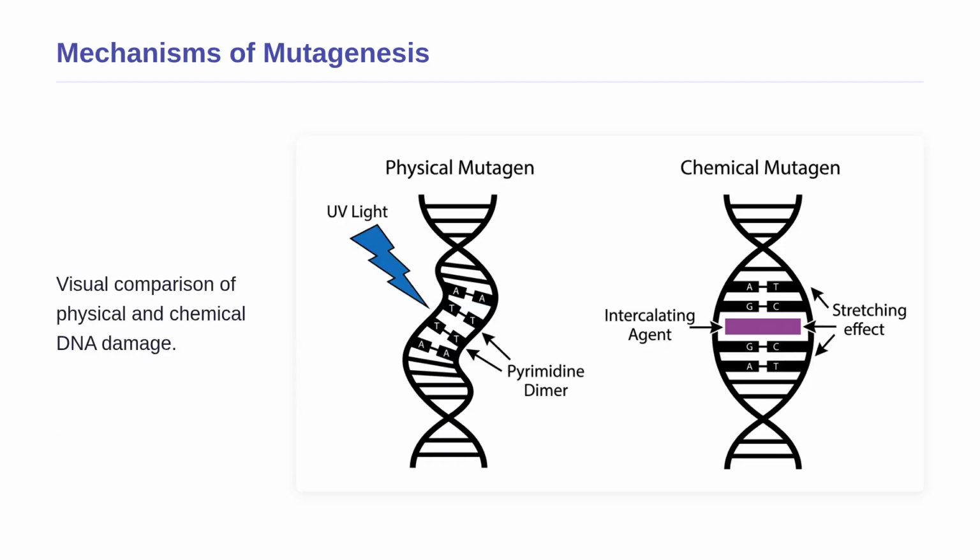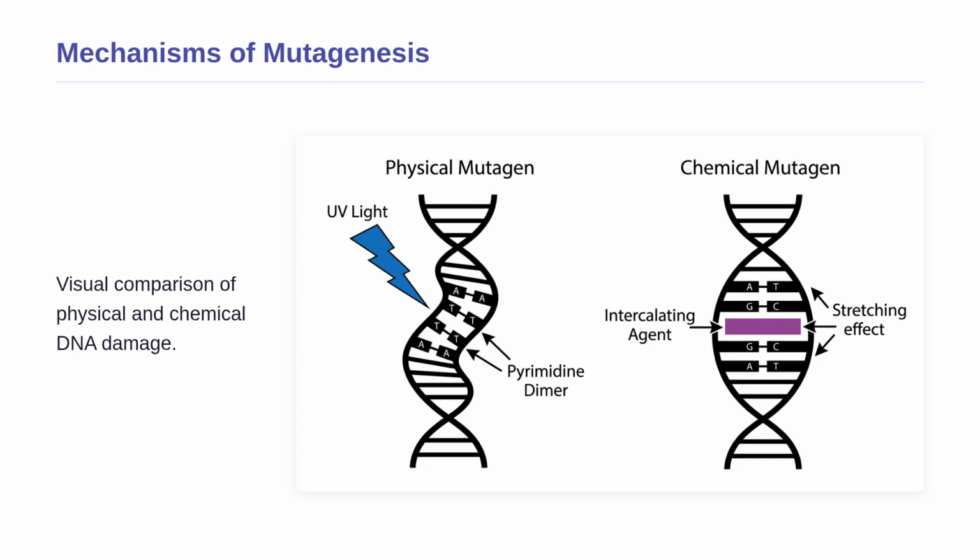Now that we have calculated the effects, let us visualize exactly what is happening to the DNA structure. On the left side of this diagram, you see a physical mutagen in action. A jagged blue arrow representing UV light strikes the DNA double helix, causing 2 adjacent thymine bases on the same strand to fuse together, forming a pyrimidine dimer.